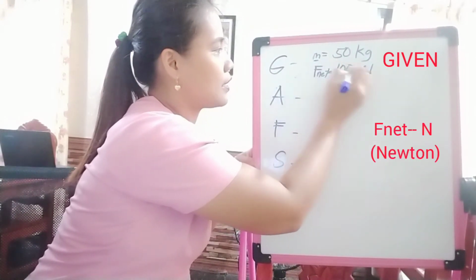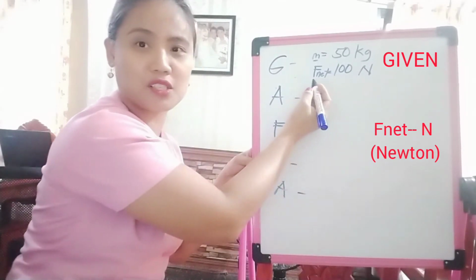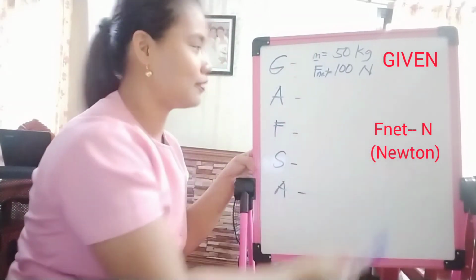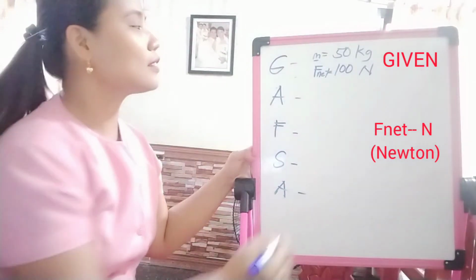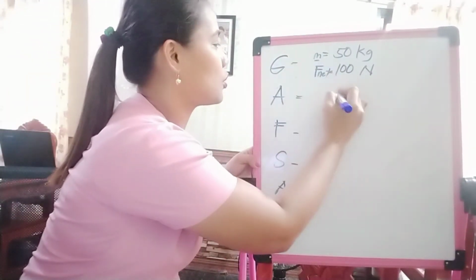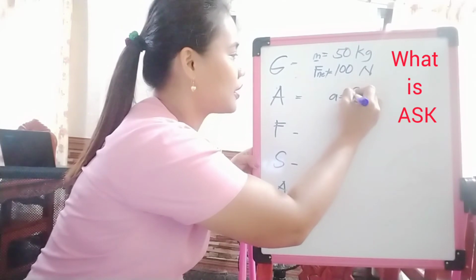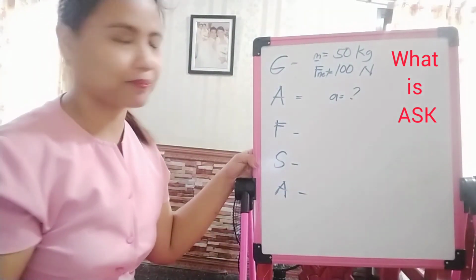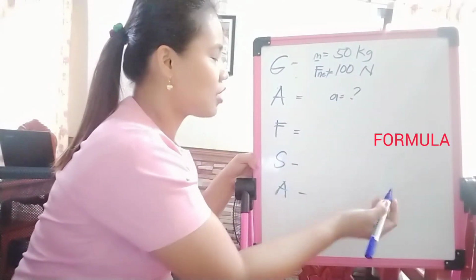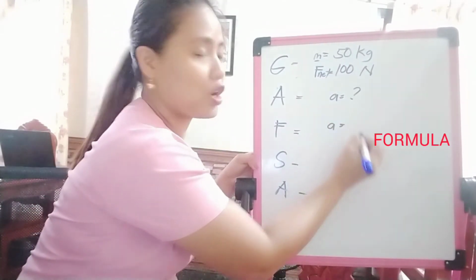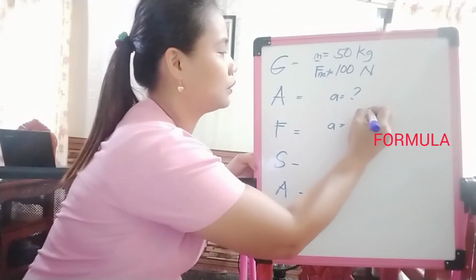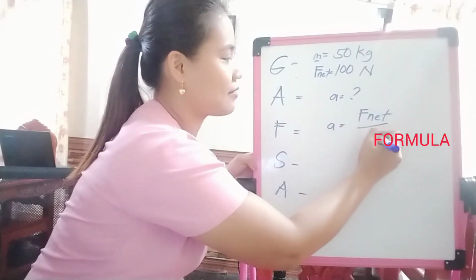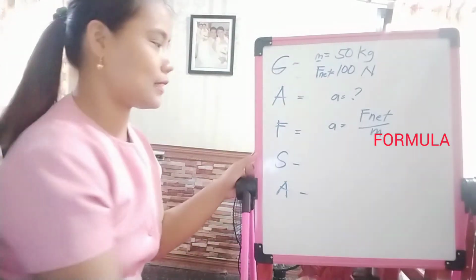Newton is the unit of force. Then, we have to look for or solve for the acceleration of the car. Our formula is acceleration is equal to net force divided by mass.